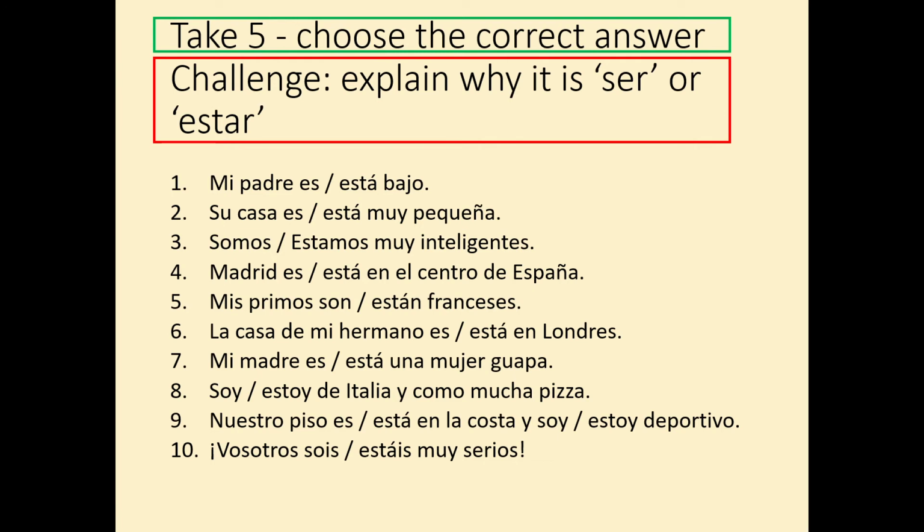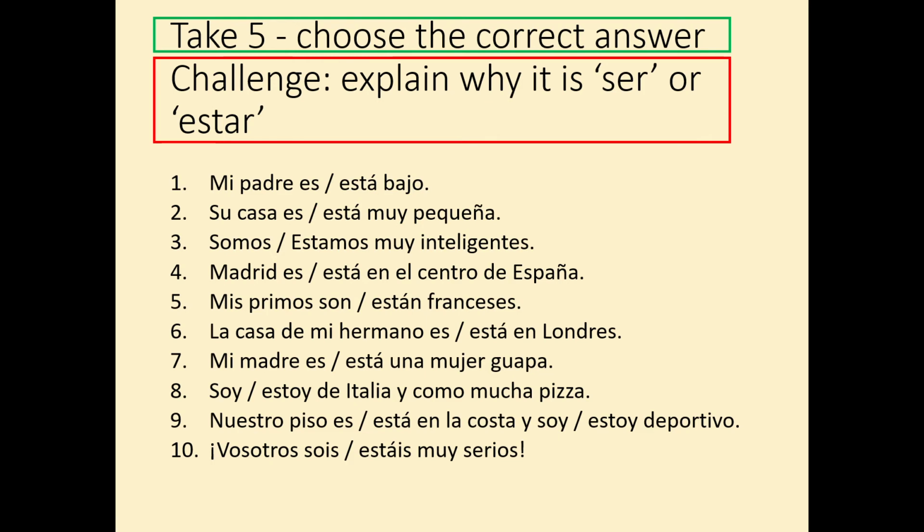So imagine this is a take 5 that you would have had in class. I want you to read sentences 1 to 10 and decide whether it's going to be es or está, like we have in number 1, or it could be somos o estamos in number 3. Let's do the first one together. Mi padre es bajo. My dad is small or short.